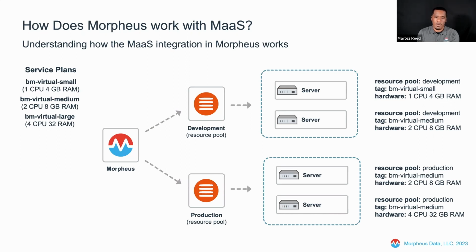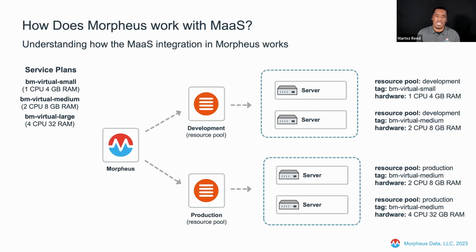In this example, we have 4 servers. These 4 servers are in 2 groups. These 2 groups are associated with canonical MaaS resource pools. Based upon whatever my desired delineation or classification is, I can associate those servers with a group, in this case the resource pool, that may be based upon my environment preference.